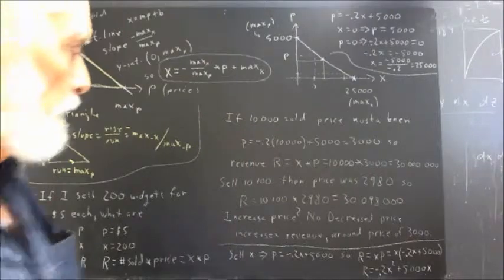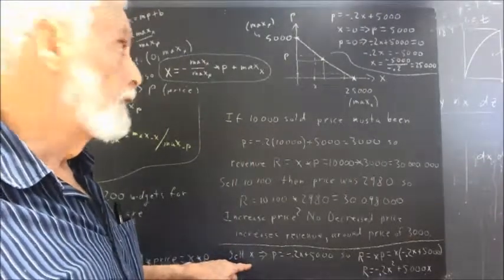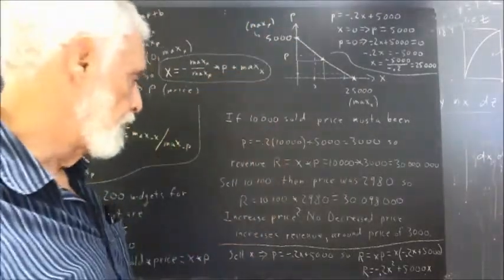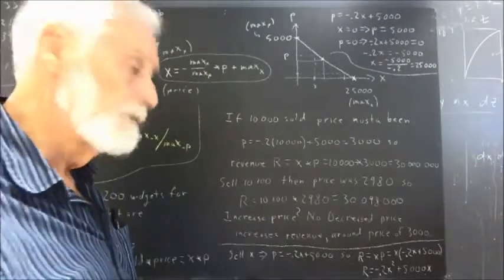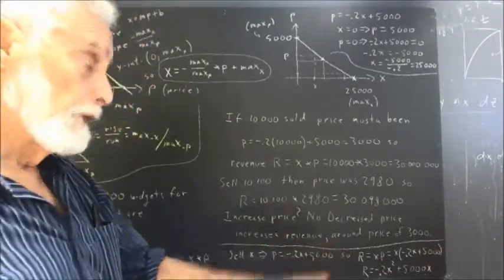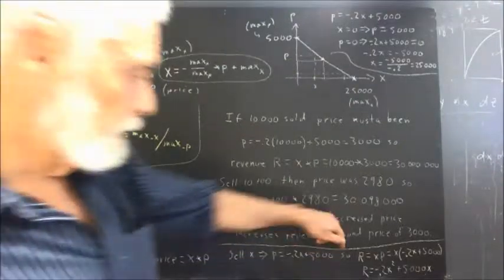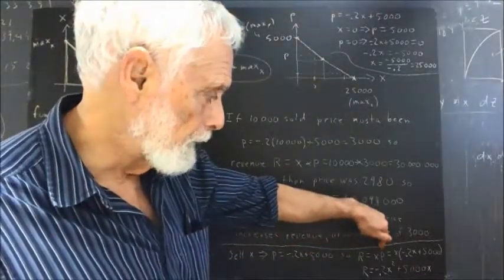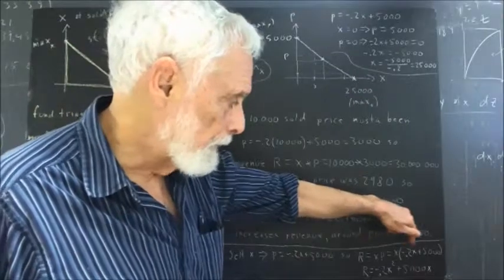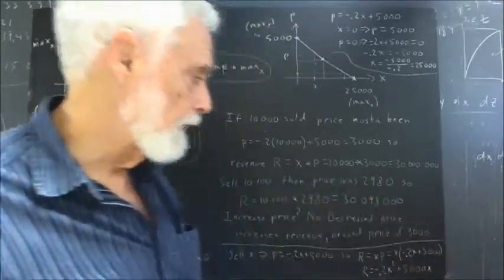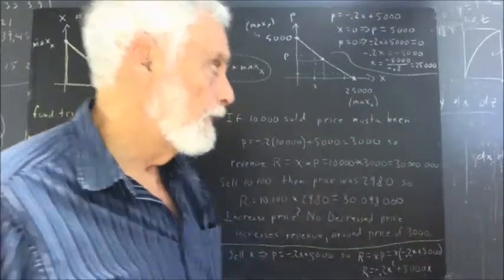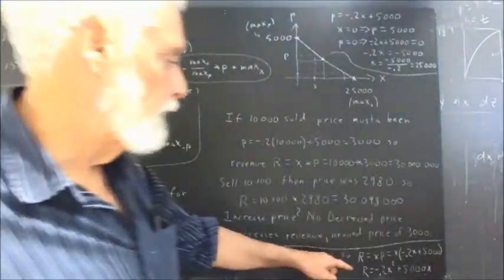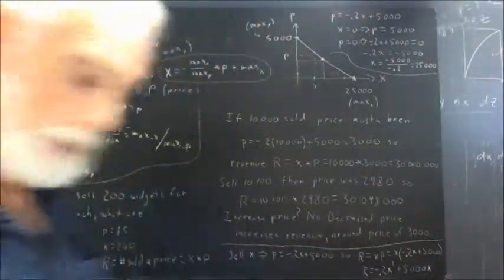So, suppose that x is the number we sell, which is, of course, what x stands for. Then the price is negative 0.2x plus 5,000. So what's the revenue? Well, the revenue is the number we sell times the price, which would be x times negative 0.2x plus 5,000, which is then negative 0.2x squared plus 5,000x. And this is our revenue function.